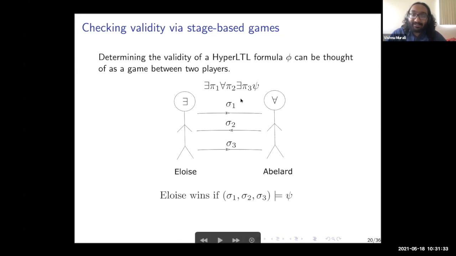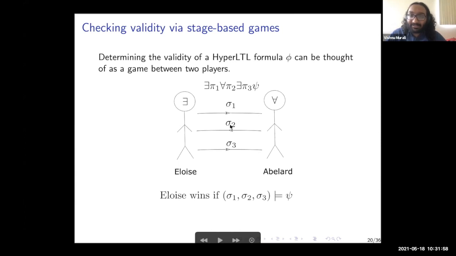We say that Eloise wins the game if the tuple sigma 1, sigma 2, sigma 3 satisfies the property C. We say that Eloise has a winning strategy if, regardless of the choice of sigma 2, she can always ensure a selection of traces such that those traces satisfy the formula. And if she does have a winning strategy, we say that the hyper-LTL formula holds.